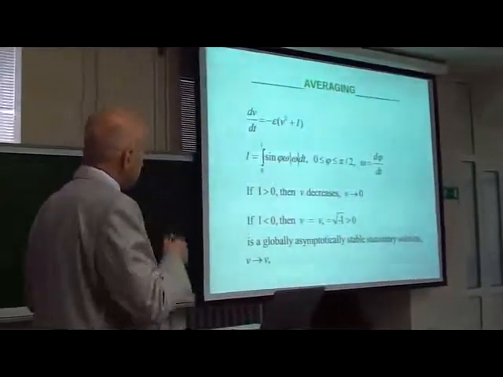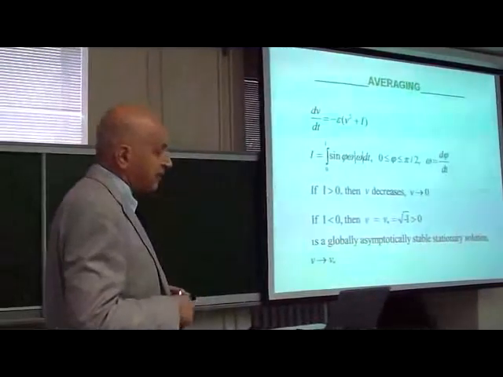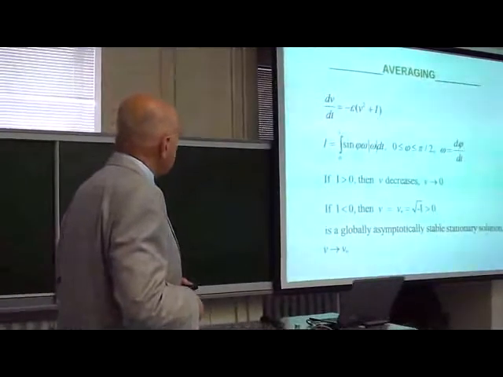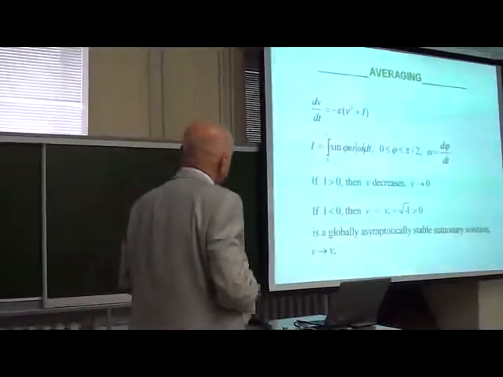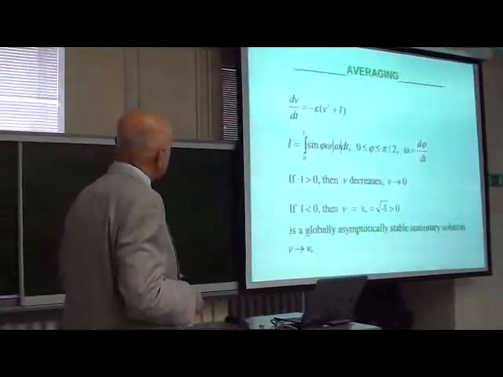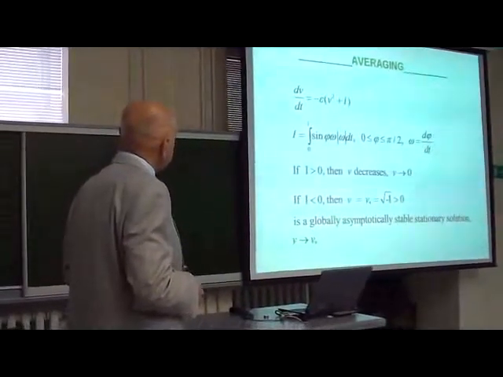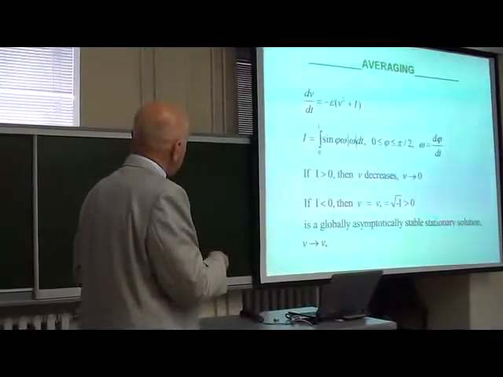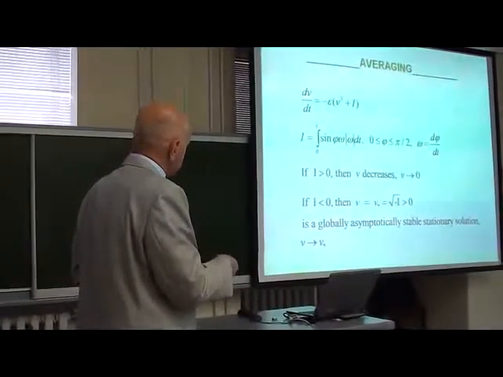To use it, we must average the right-hand side of this equation over the period, which is equal to 1 after normalization. And here you see this equation shown here. Capital I is this integral.